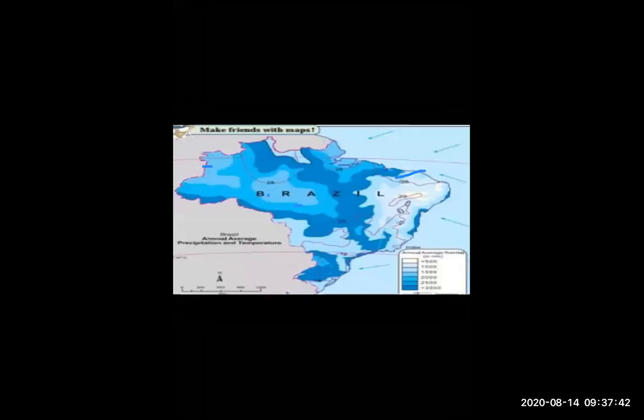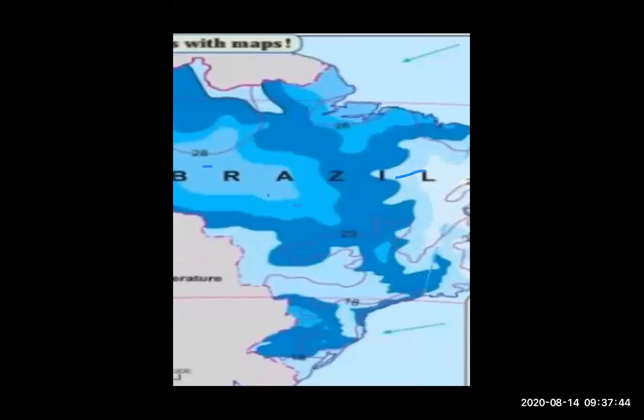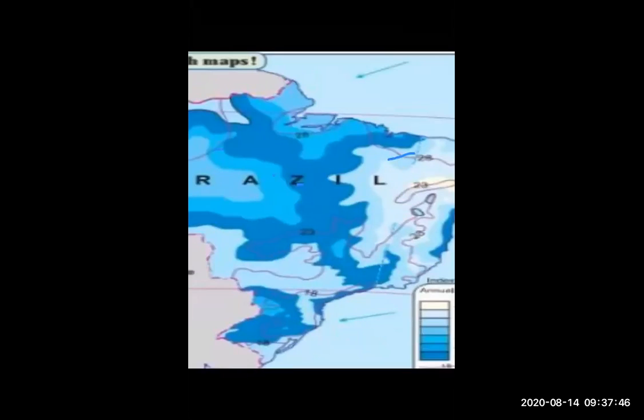Whenever you are asked about average temperature, your answer should be both minimum and maximum. Okay, so just look at this map. The minimum temperature is 18 degrees Celsius and the maximum is 28 degrees Celsius.